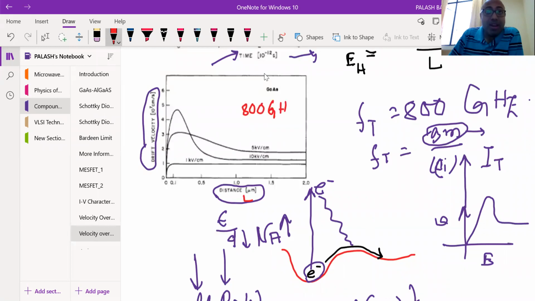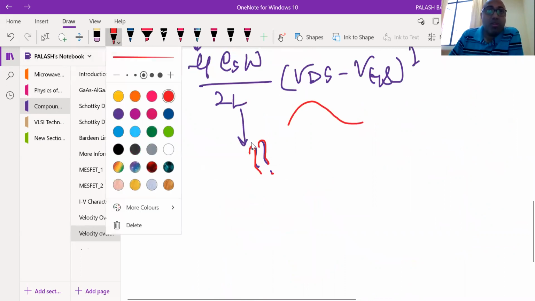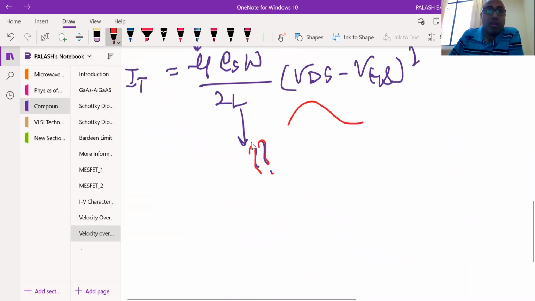Suppose for 800 gigahertz I need to have a velocity of 4.5. You can understand, because when you open this expression, you know what would be my best combination so that I can have my GM or velocity.